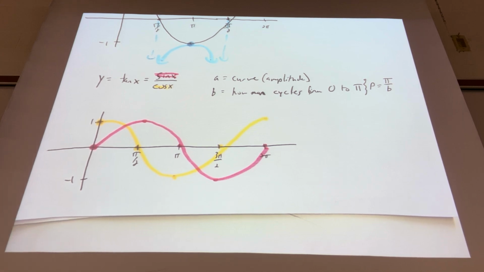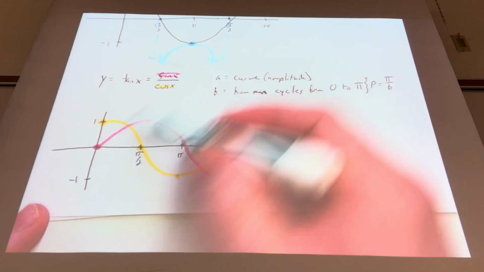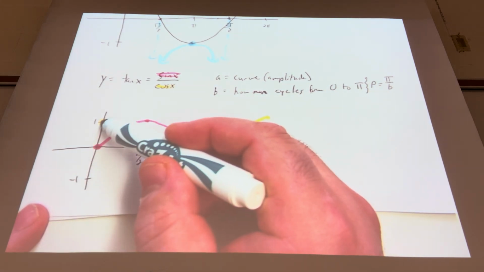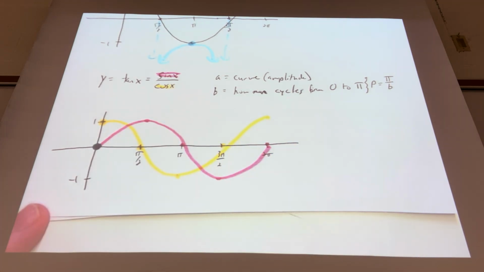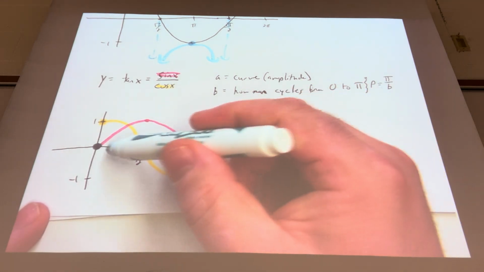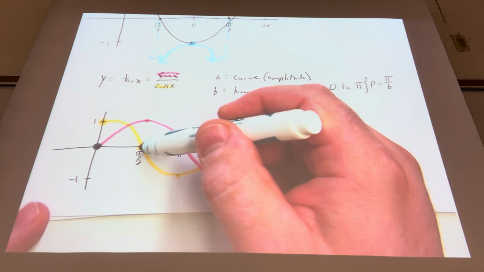Now, we're going to use the properties of this to graph our tangent function. Here we're going to take sine divided by cosine. If I look right here, sine is 0, cosine is 1. What's 0 divided by 1? 0. So tangent starts with a 0. Now, what happens at pi halves?